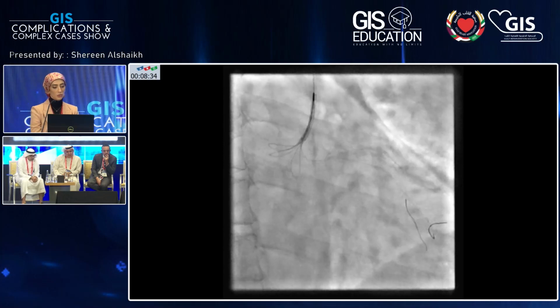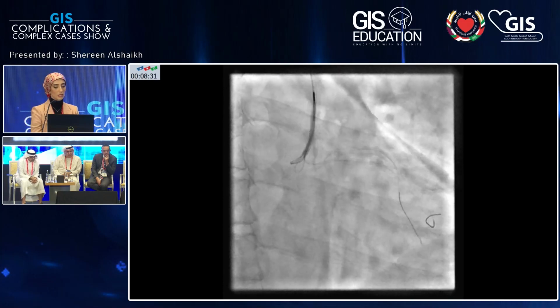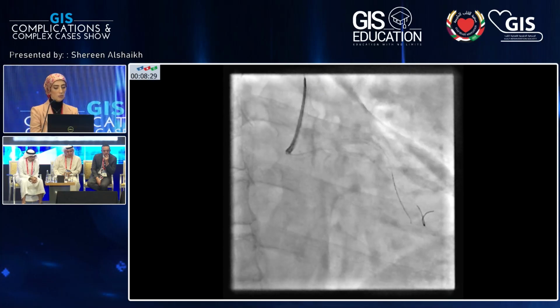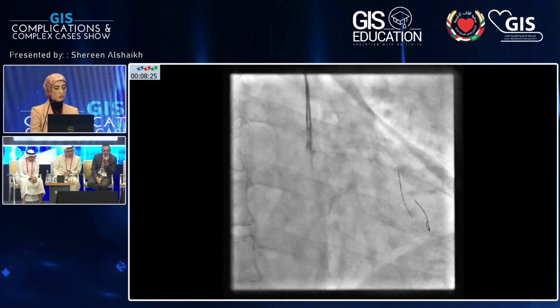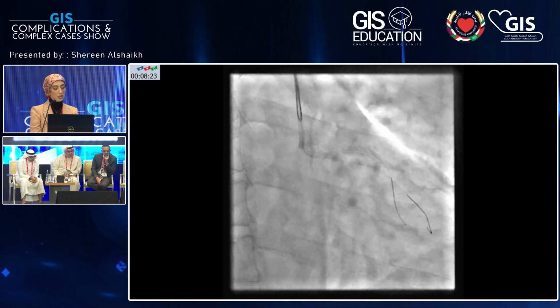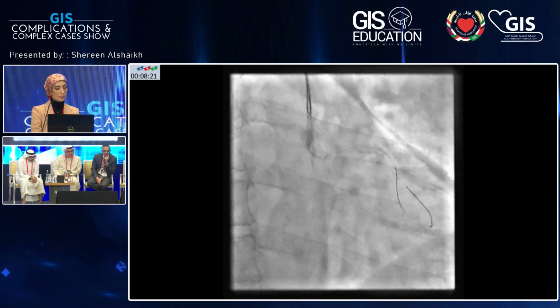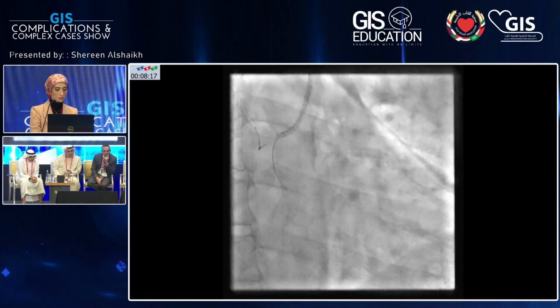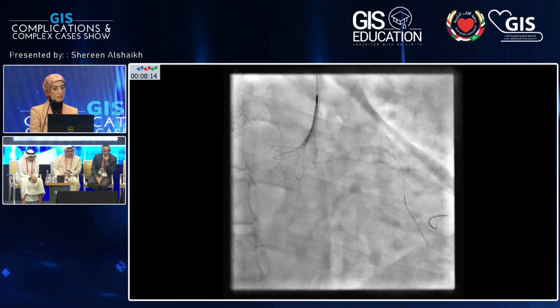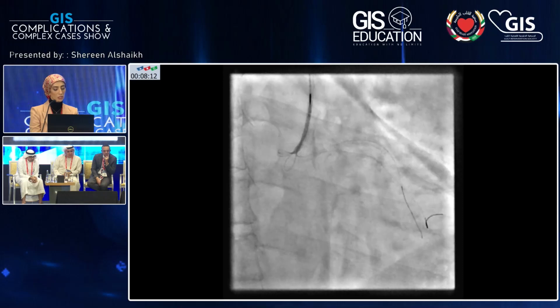So he decided to change the catheter and he went with the Judkins 3.5 and wired both branches, LAD and circumflex, and tried to control and direct the guide liner. And using again the three-loop snare, he caught the ostium of the stent and retracted, and that stent was actually pulled back.